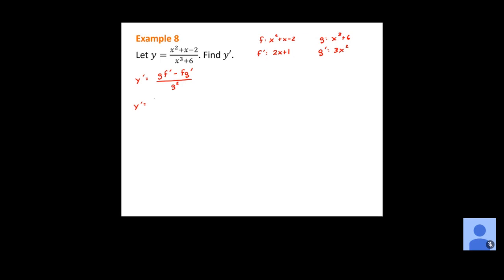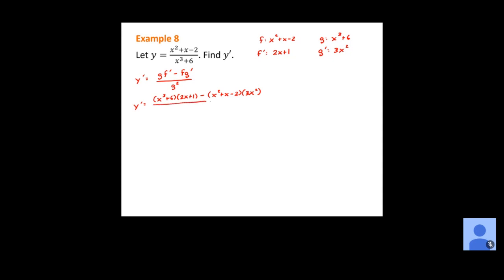Start with your g function. It's going to be x cubed plus 6 times the derivative of f, which is 2x plus 1. Then we subtract. Take the f function, x squared plus x minus 2. Multiply by the g prime, which is just 3x squared.